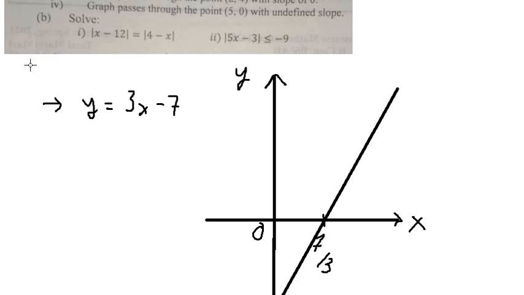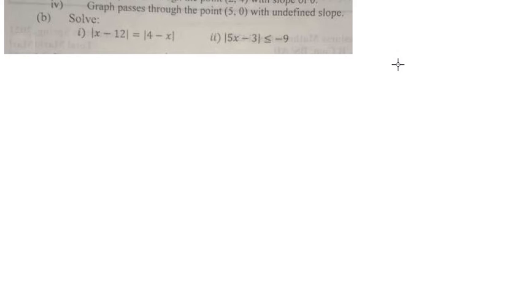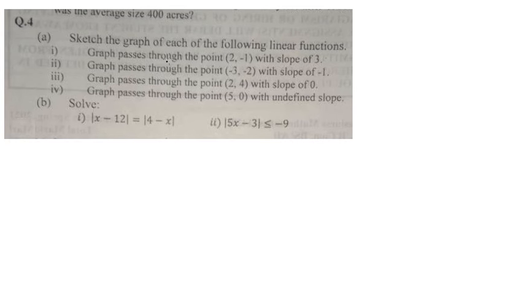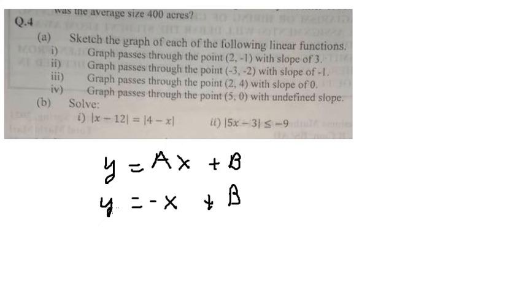Now let's go to the next one. We do the same. The slope is negative 1, so you got negative in here. We have x is negative 3, and negative 2 is y.